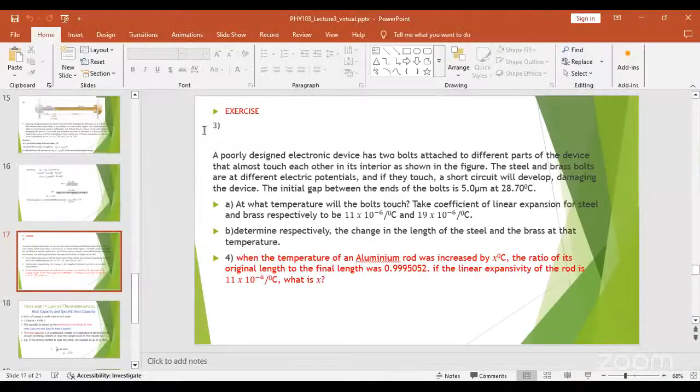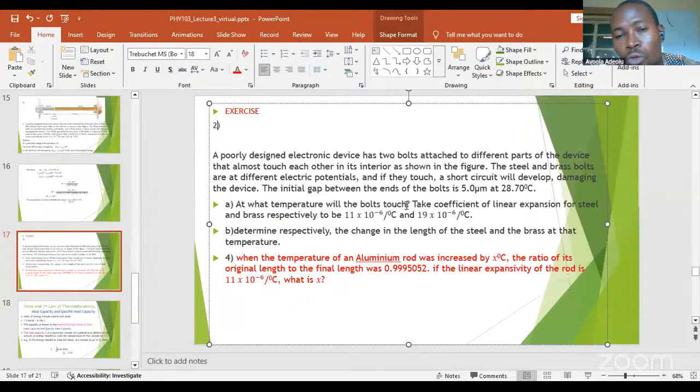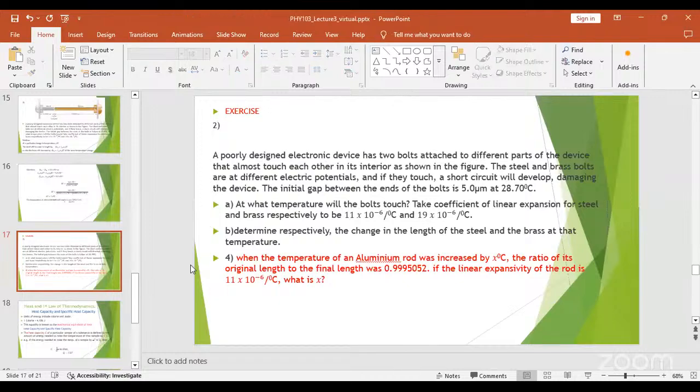Sir, can't we snap and convert our answer to PDF instead of typing it? Type it now. You can type it and upload it as a Word document or as PDF. Can't we snap and convert it to PDF, sir? But that will make it hard.